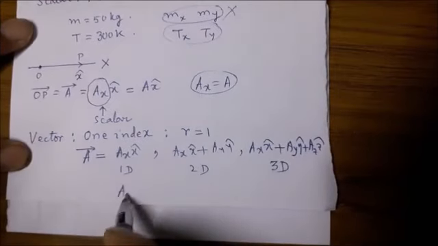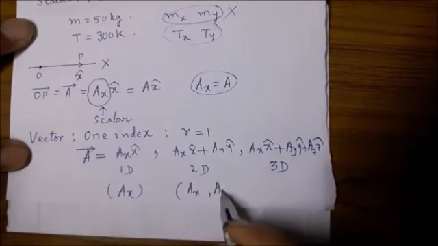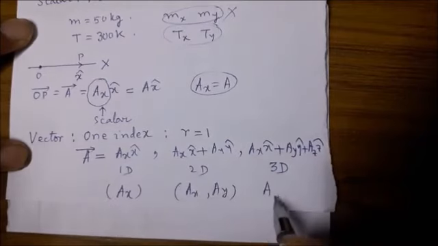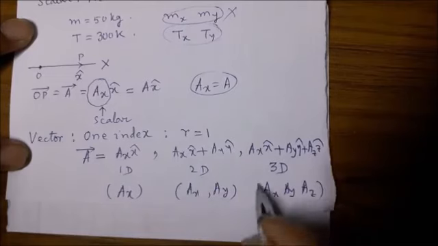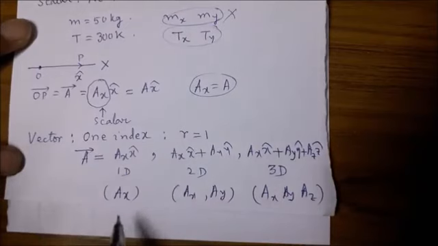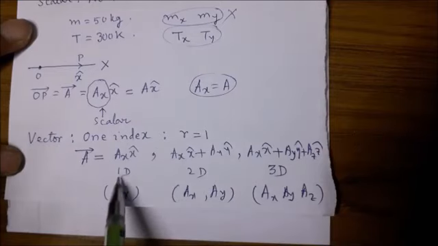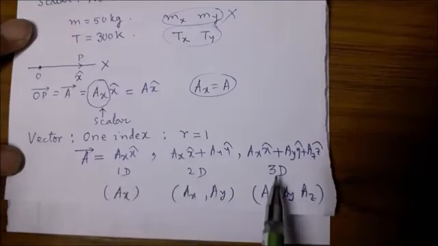Component wise, we can write it as ax, ay, az. To express a vector, it is very clear that we require one index, and here that index is a subscript. Here ax in 1D, ax ay in 2D, ax ay az in 3D.